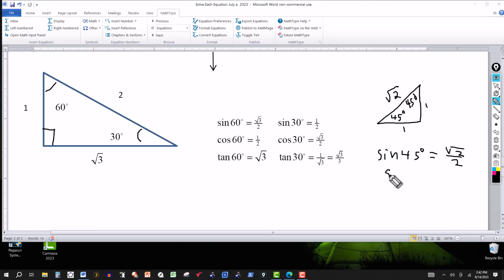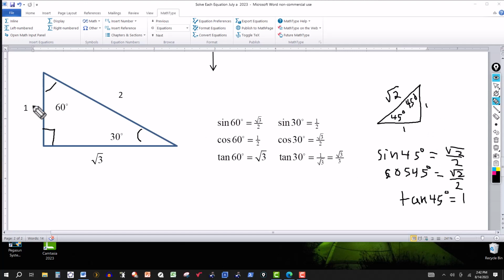The cosine at 45 degrees is adjacent over the hypotenuse, that's 1 over the square root of 2, or simplify that, rationalize it, square root of 2 over 2. And of course the tangent at 45 degrees is opposite over the adjacent, that would be 1 over 1, which would be 1.